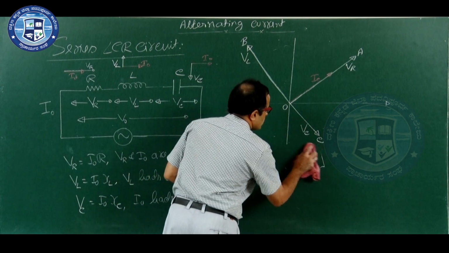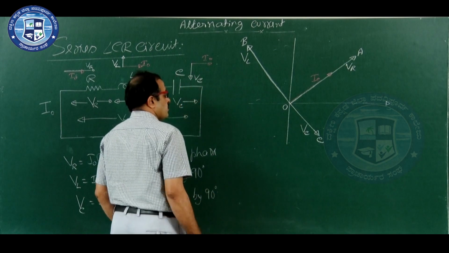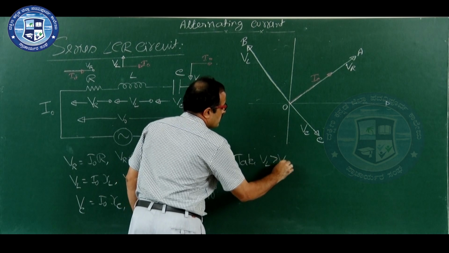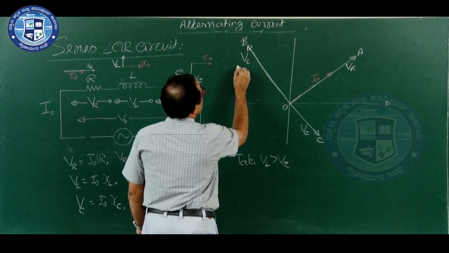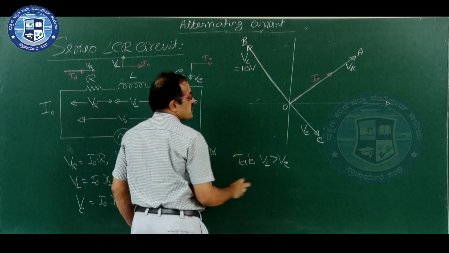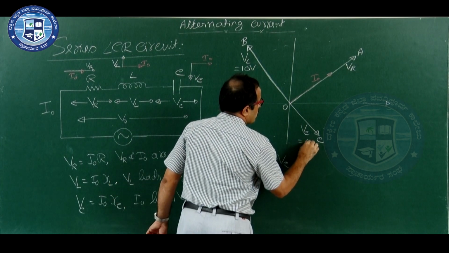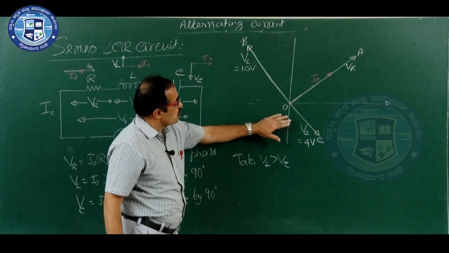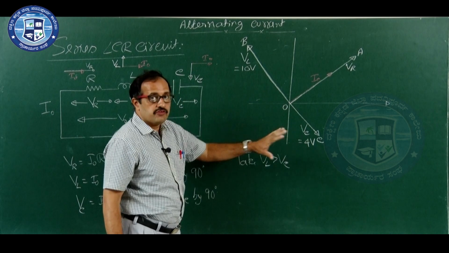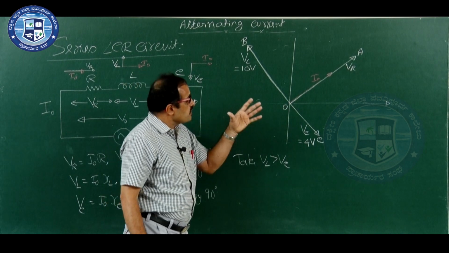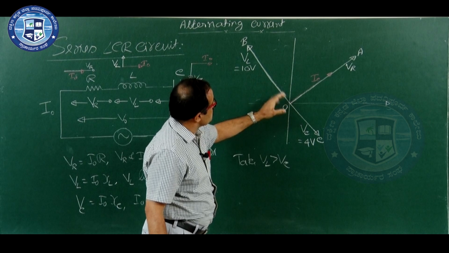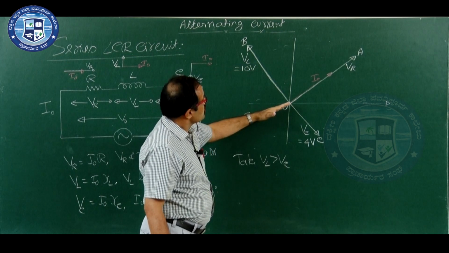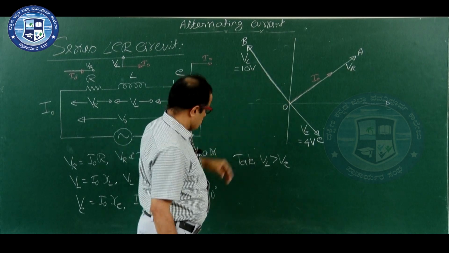Take VL greater than Vc. For example, let us say it is 10 volts and Vc is 4 volts. Voltage across inductor is 10 volts, voltage across capacitor is 4 volts. What is the difference? 6 volts. What is the direction of that 6 volts? In this direction, because already we are taking this as a higher value. So, 6 volts here you have to mark.